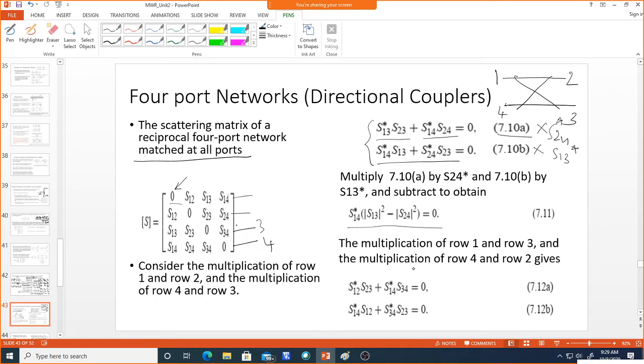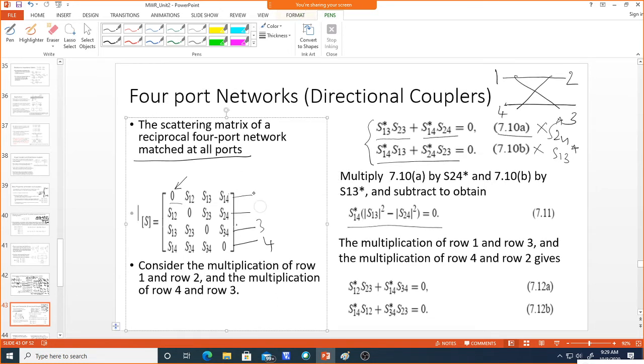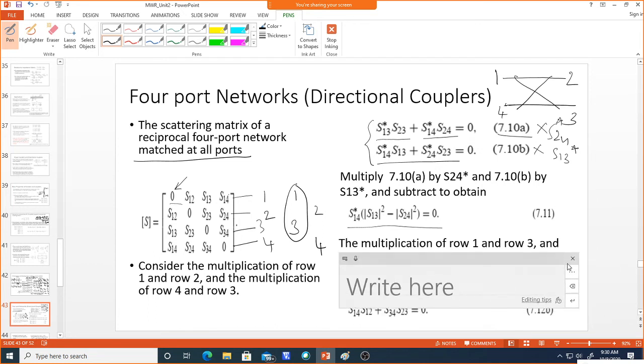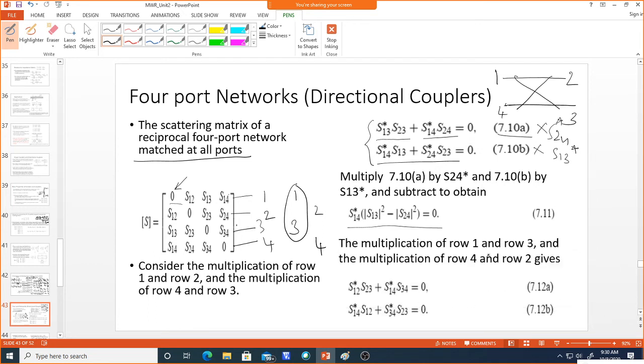Similarly, now we have multiplied rows 1 and 2 as well as 3 and 4. Now you take rows 1 and 3, and 2 and 4. If you multiply 1 and 3, what will happen?